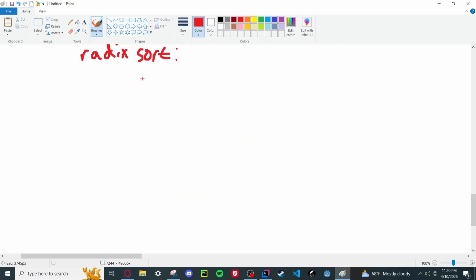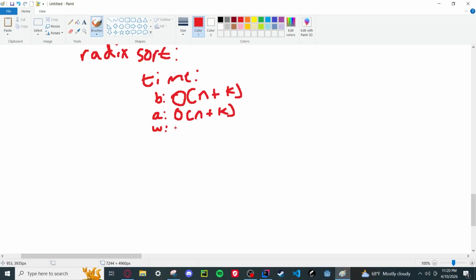Okay, I think radix sort is the best for time complexity. It's unique. The name's unique, time complexity is unique. It's all O of n plus k, so best, average, and worst is O of n plus k. And its space complexity is going to be O of n.